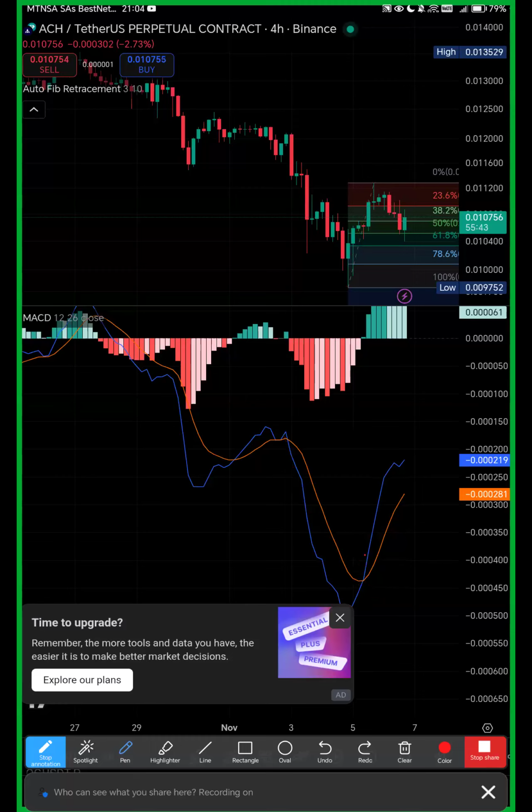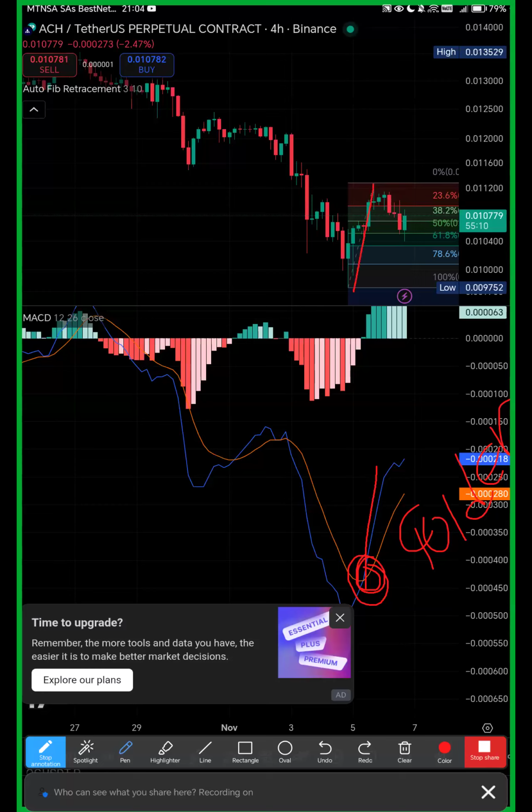Now, when the blue line crosses the orange line to start moving above it, that cross is called a golden cross. When the blue line crosses the orange line to start moving above it, it is called a golden cross. That signifies that there is upward movement of price.